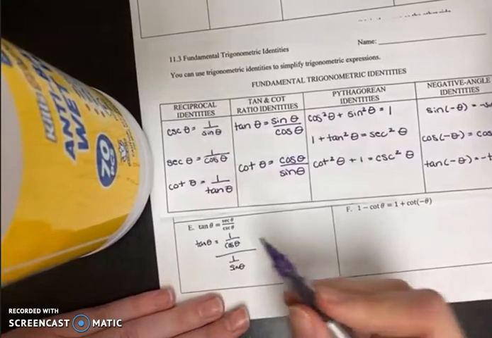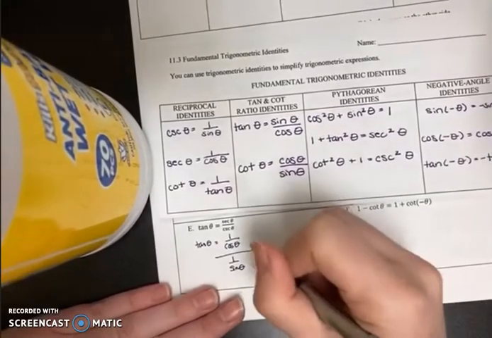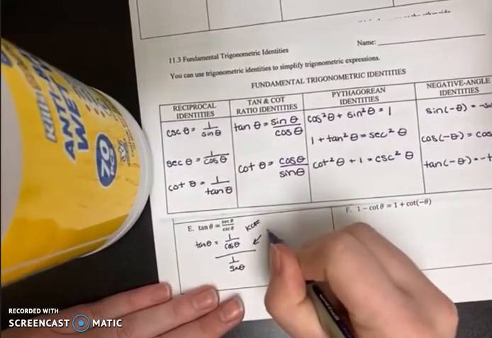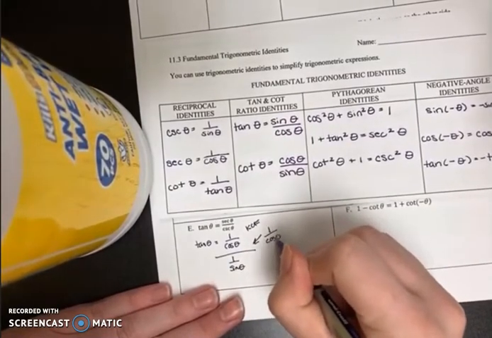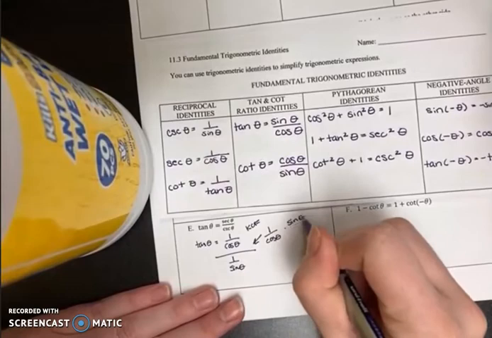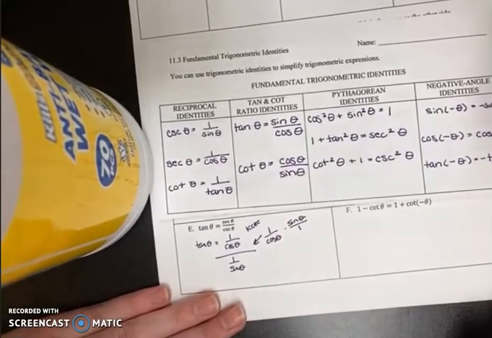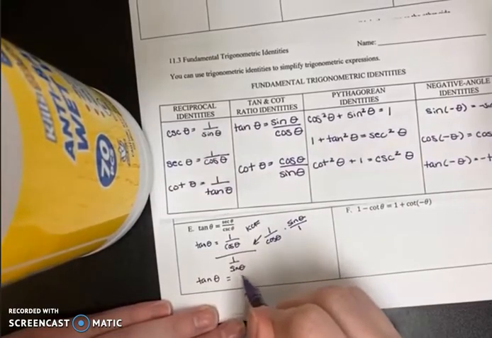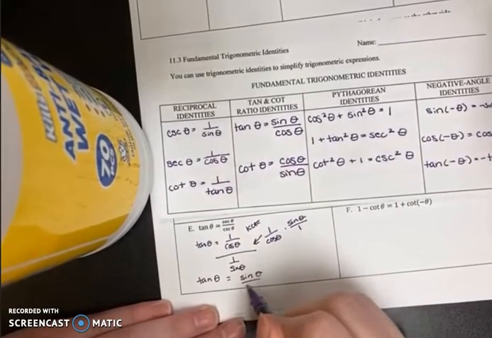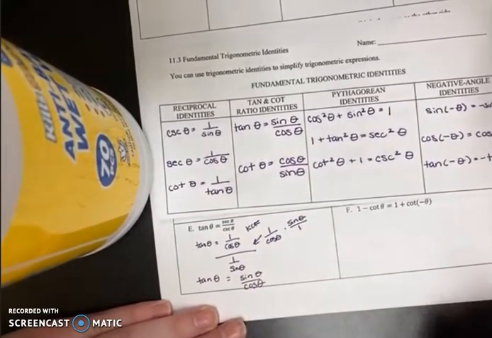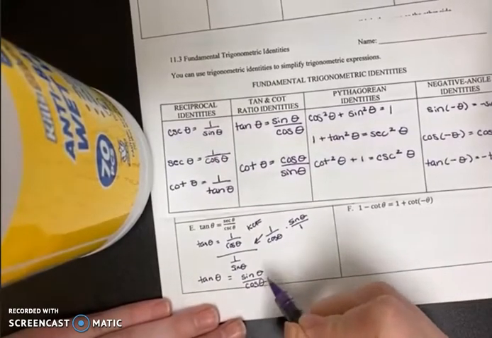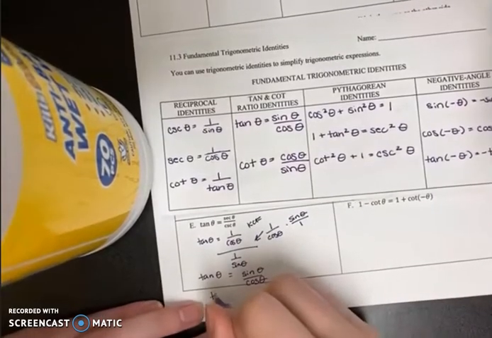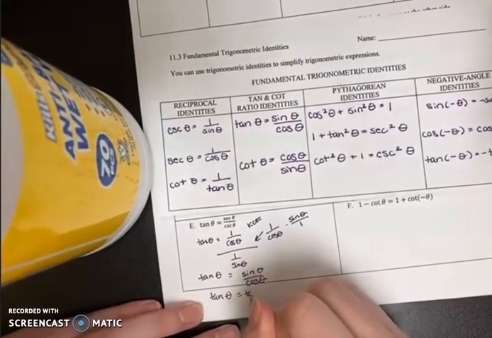And whenever you have a fraction divided by a fraction, you need to keep, change, flip. So this right here is going to become 1 over cosine theta times sine theta over 1. So that means what we currently have is tangent theta equal to sine theta over cosine theta. And sine over cosine is an identity for tangent. So we do have tangent theta equals tangent theta.